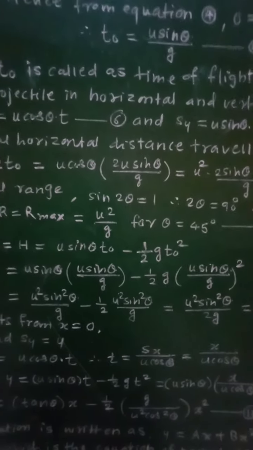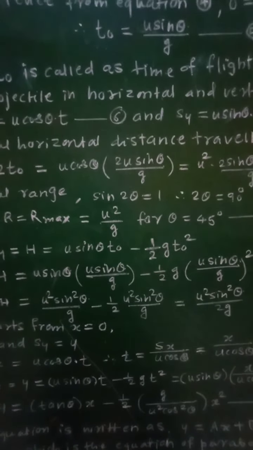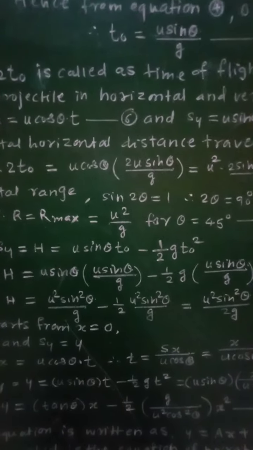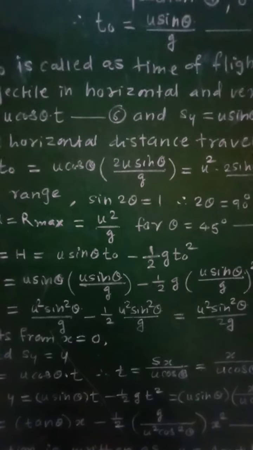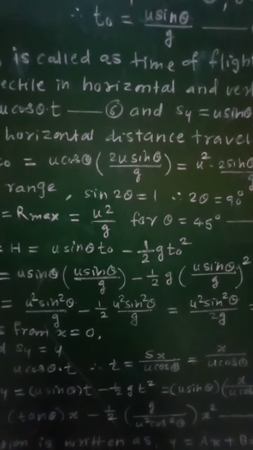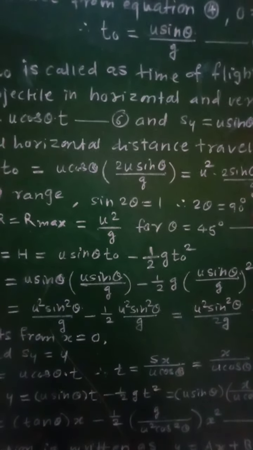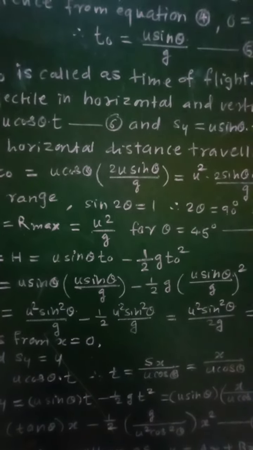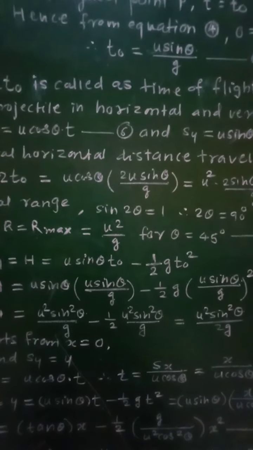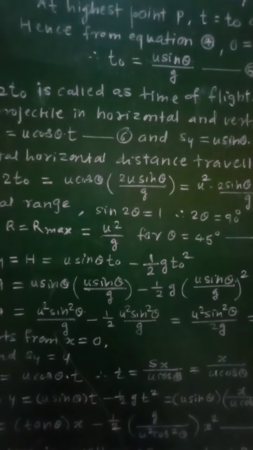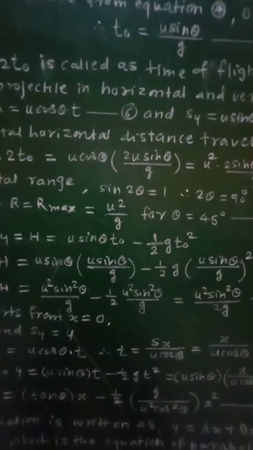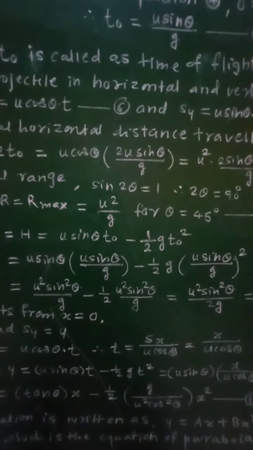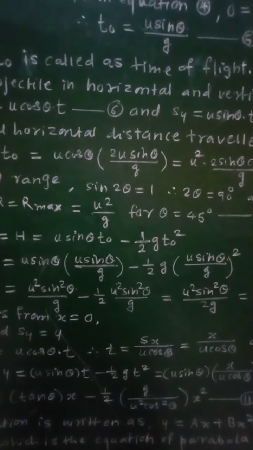So from this relation it is clear that if any object is thrown making an angle of 45 degree with the horizontal, then and only then the horizontal distance covered by that object will be maximum. So in order to throw any object to a maximum distance, it must be thrown such that it makes an angle of 45 degree with the horizontal.